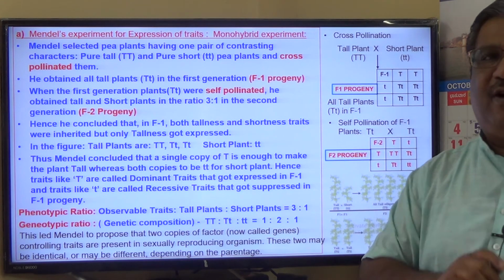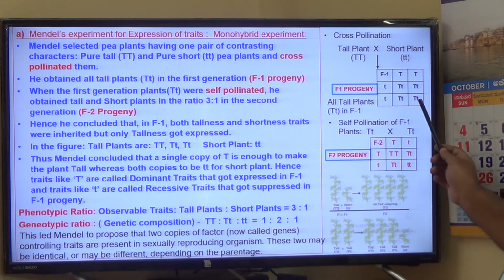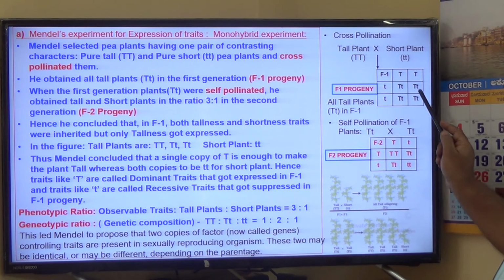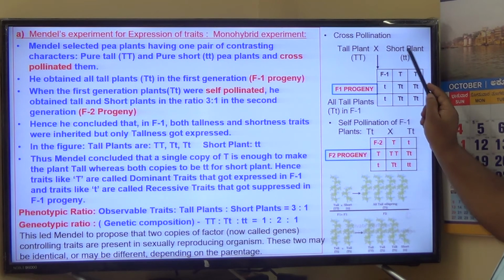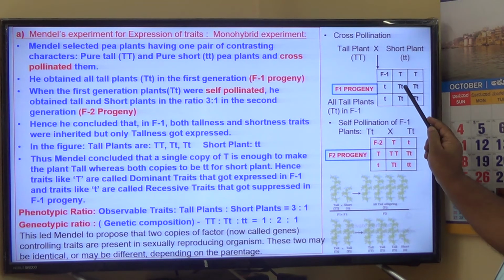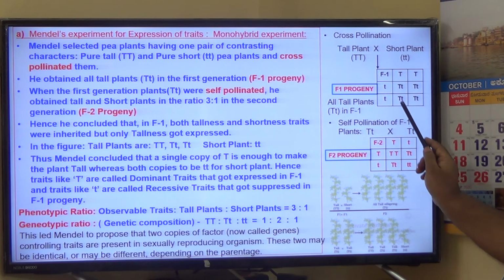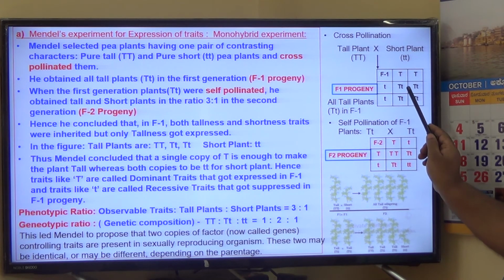What is the genetic combination? The genetic combination of these tall plants is capital T and small t. So I can say the hybrid of tall plant and short plant led to a genetic combination of capital T and small t. So now can I consider all these tall plants have a genetic combination of capital T and small t?